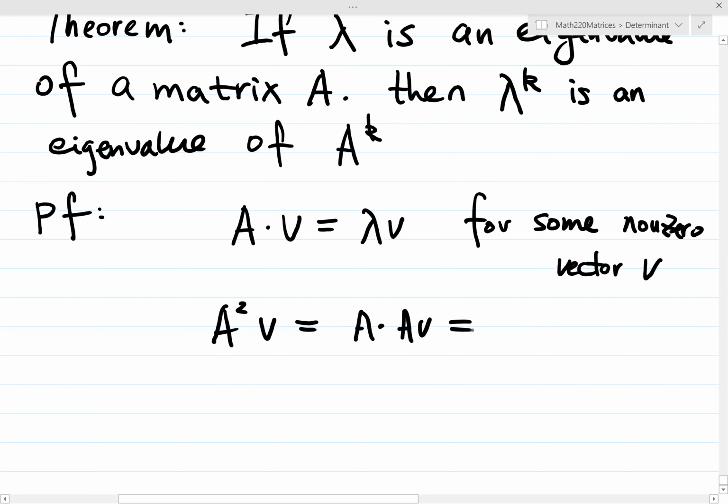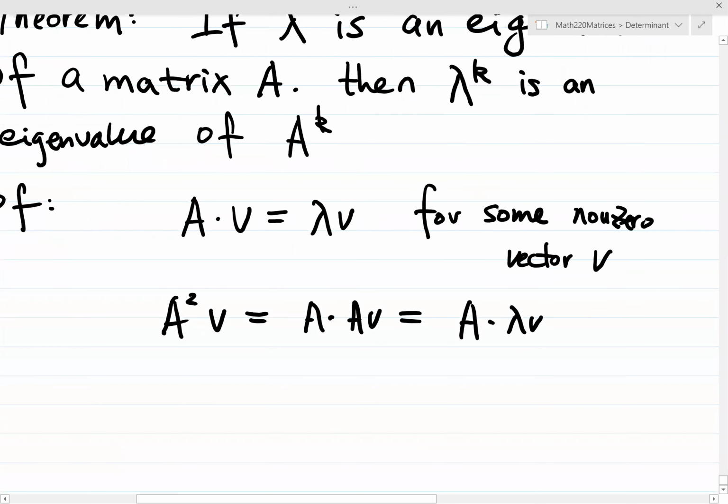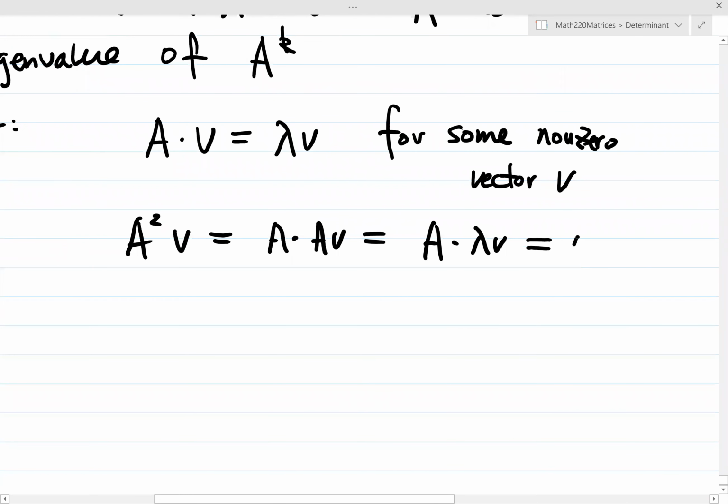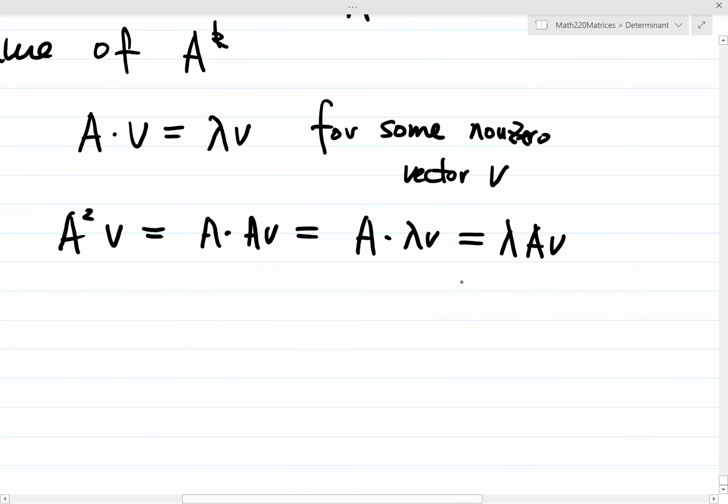AV is lambda V, so this is A times lambda V. Now lambda is a scalar, so you can factor it out. So it's lambda times AV. Now again use that V is an eigenvector. So it's lambda times lambda V. So we get lambda squared V. So etc.